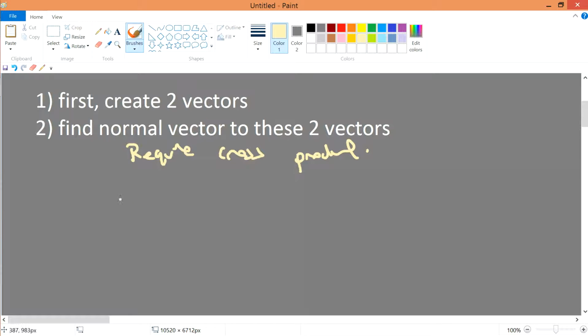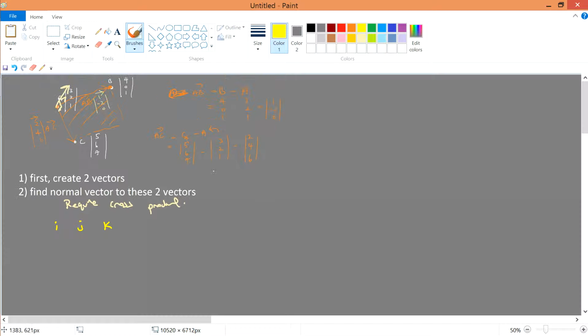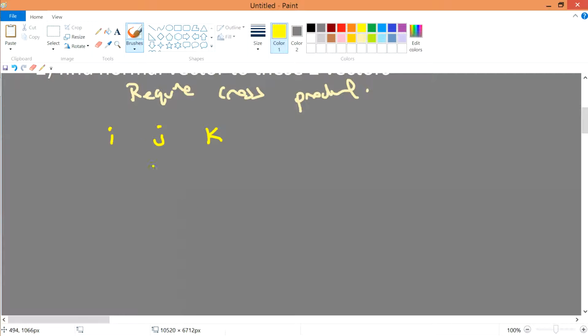If you remember the cross product, I just write it in terms of i, j, k. Then I put in my vectors. In this case, I have 1, minus 2, 0 from vector AB, and 2, 4, 6 from vector AC. I put it in this form: 1, minus 2, 0, and 2, 4, 6.